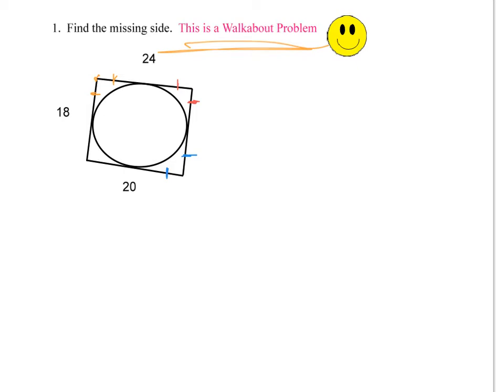And finally, likewise in green, this piece must be congruent to this piece because all of those corner segments are drawn from a common point to the circle, and they are all congruent by the two tangent theorem. Let me just go back and make sure that is red, right?